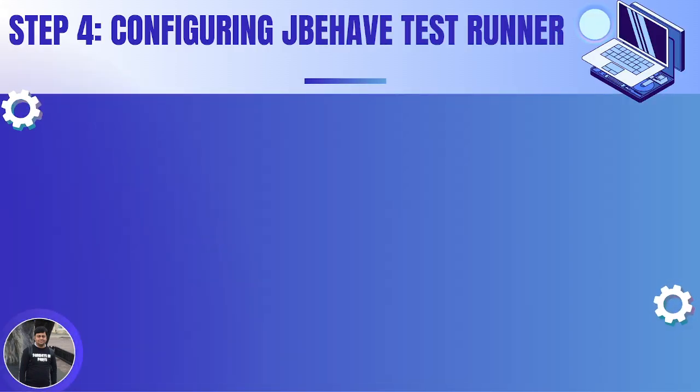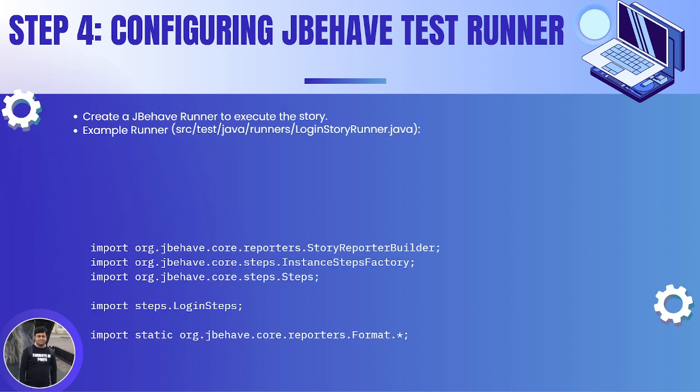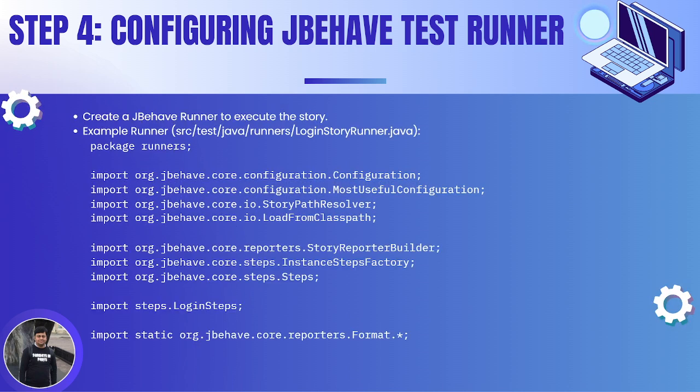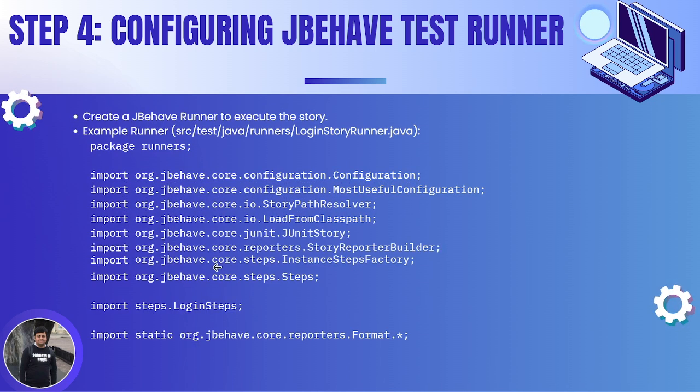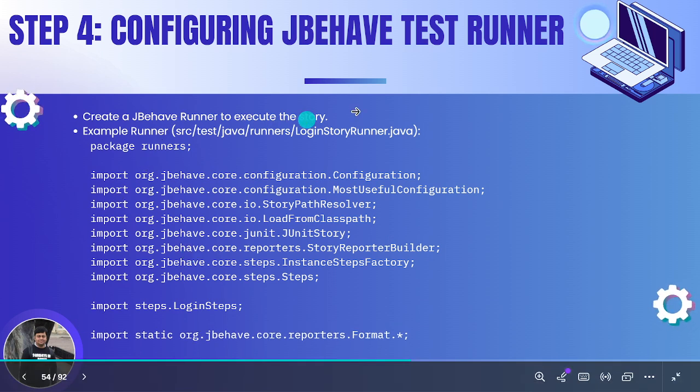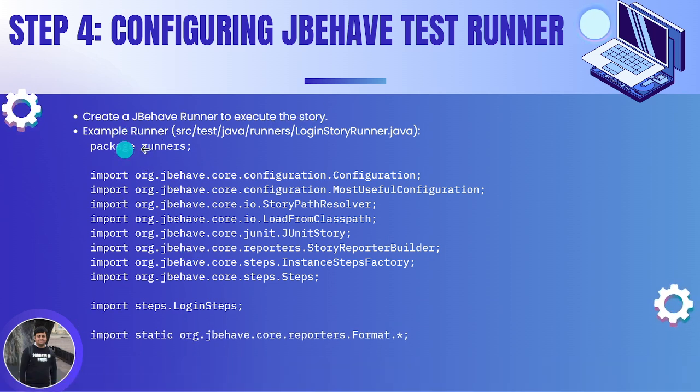Next is configuring the JBehave test runner. When you want to run your test cases, you need to create a JBehave runner to execute the story. For that you use the package runner, and then import the configuration from org.jbehave.core and everything you need to import.